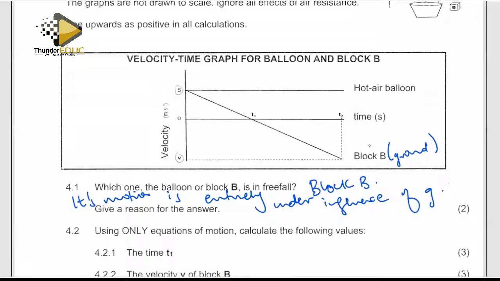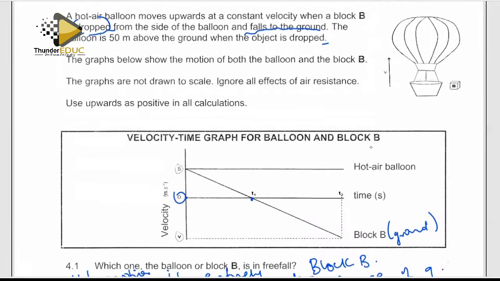Now we know that T1, because this is the motion of the block, the final velocity is 0 here. One thing we need to remember is that when objects are thrown from a hot air balloon, they will momentarily take on the inertia principle, whereby they continue moving with 5 meters per second upwards until they reach a maximum and then they drop, especially for this block in question.